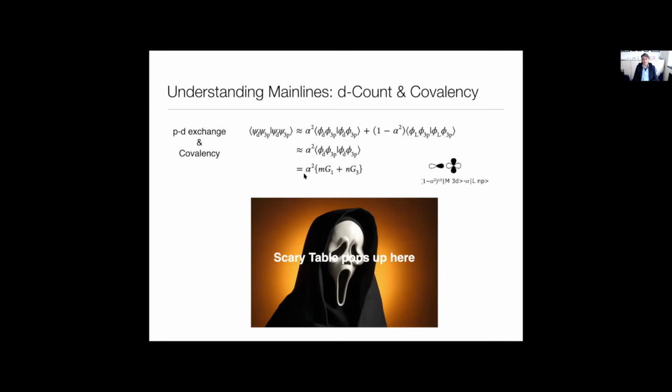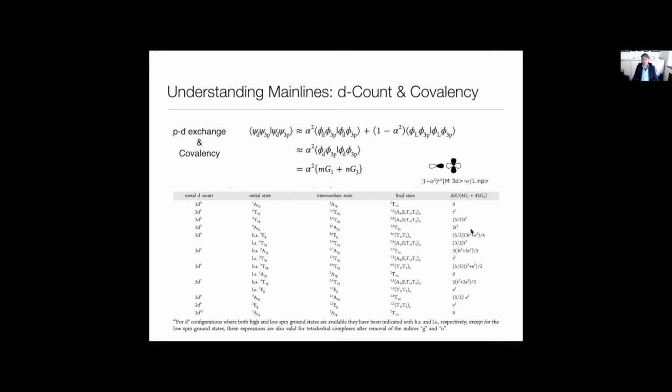And Mikhail Atanasov has worked through the theory of all the d^n configurations, and you see I have a scary table that pops up here. He has worked out for all the d^n configurations what intermediate and final states can exist for each and every one of them, and in which way they are affected by covalency.